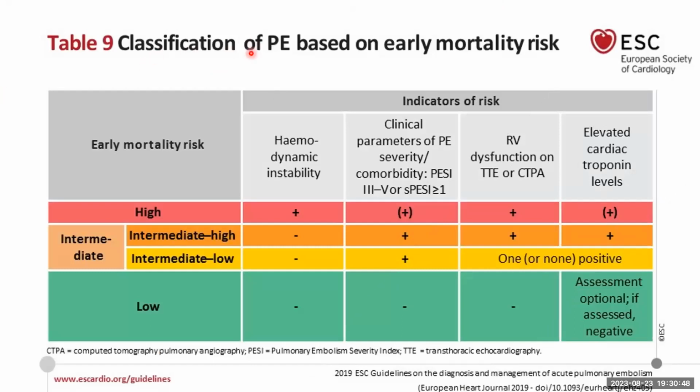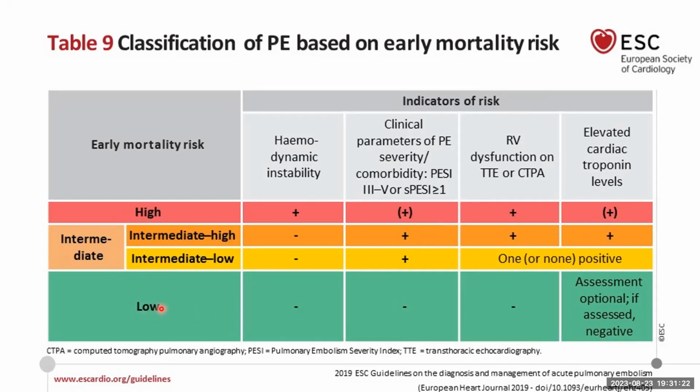Now this is a classification of PE based on early mortality risk. So it is divided into high, intermediate, and low risk. Intermediate is divided into intermediate high and intermediate low. High is essentially hemodynamic instability and RV dysfunction on echo or CTPA. Intermediate will not have hemodynamic instability, but the PESI score will be greater than or equal to 1, and the other features will also be positive, especially troponin is important here.